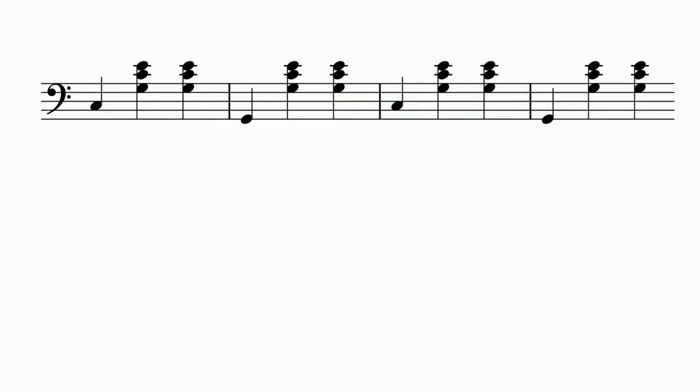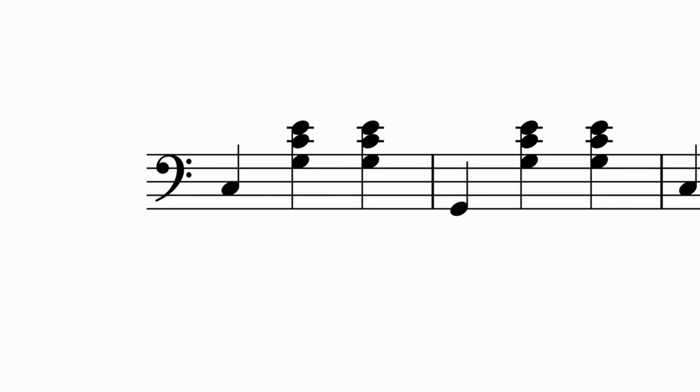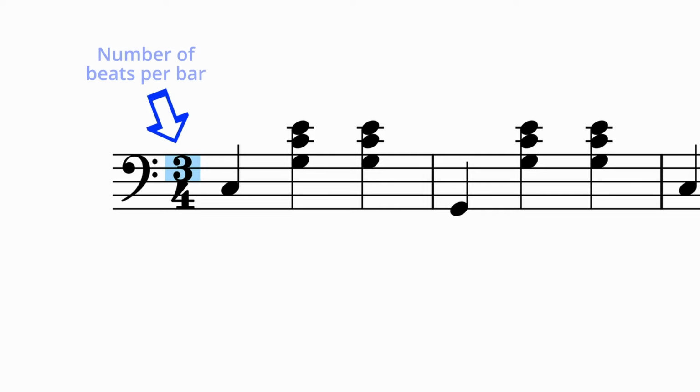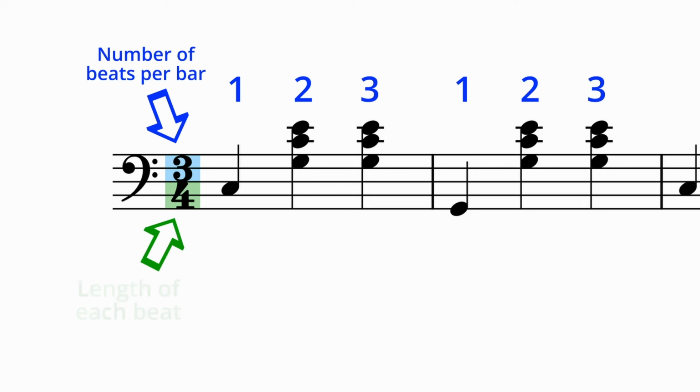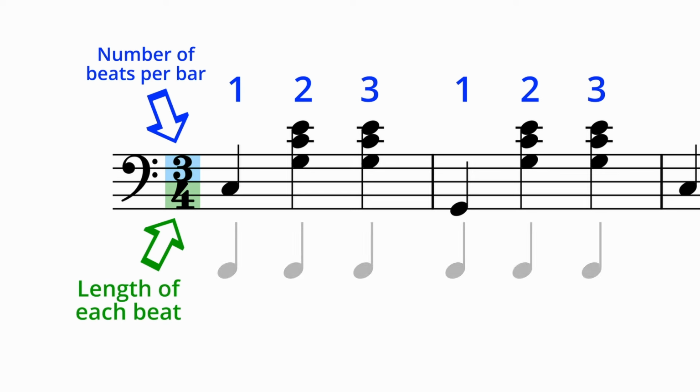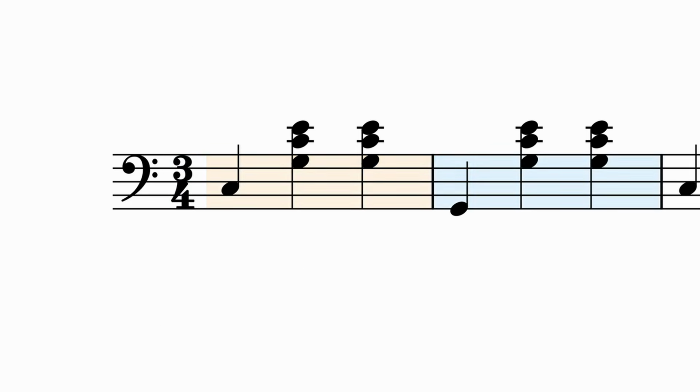At the beginning of every piece, there's a time signature, which tells you about its rhythmic structure. The top number gives us the number of beats in each bar, and the bottom number tells us which note length corresponds to 1 beat. So in this case, the time signature informs us that each bar has a length of 3 quarter notes.